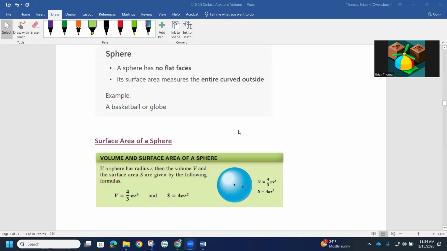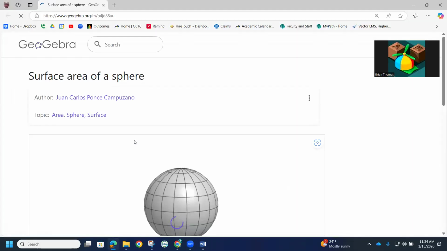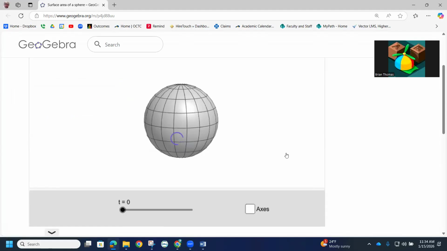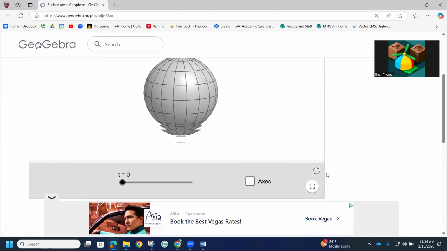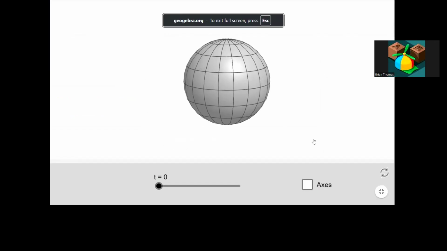To better understand how this happens, let me see if I can open up this little GeoGebra thing as well. I'll make this fit the screen.